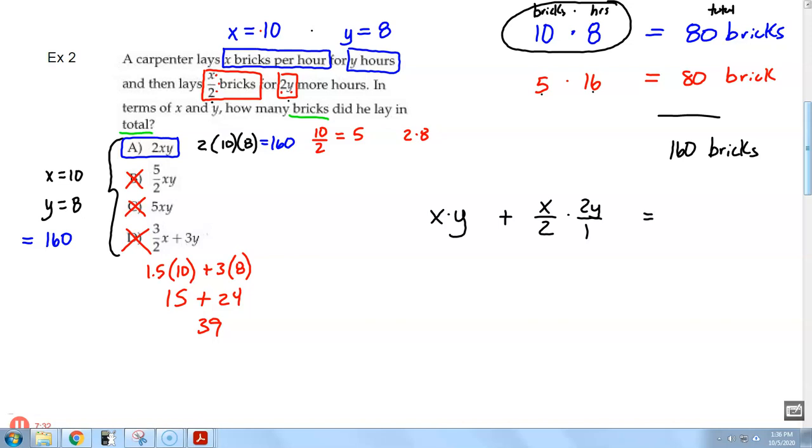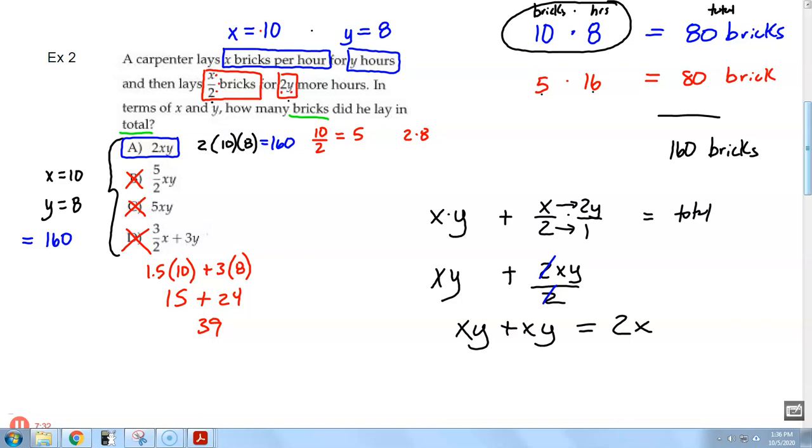And that's what would give me the total. So when you work this out, you get xy plus, well, over here, when you multiply straight across, you get 2xy over 2, which these cancel. And so I end up with just xy plus xy, which is the same thing as 2xy. So that's algebraically why A works.